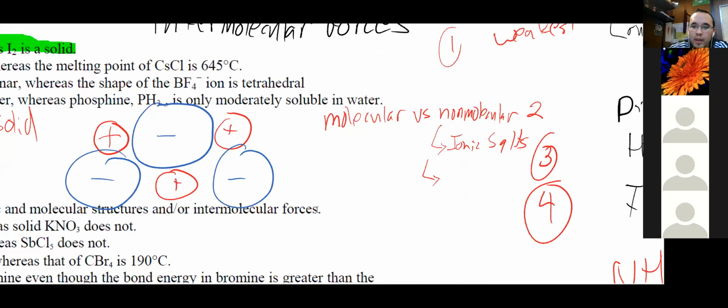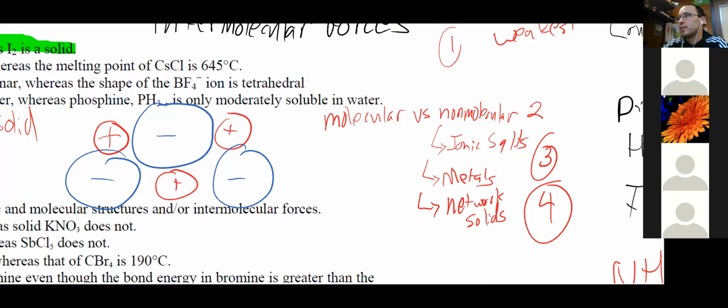And so we have the ionic bonds, which hold together our ionic salts. We have metallic bonds, which hold together our metals. And then we have covalent bonds that hold together network solids. Those are the examples of solids that aren't molecules, so they're non-molecular.